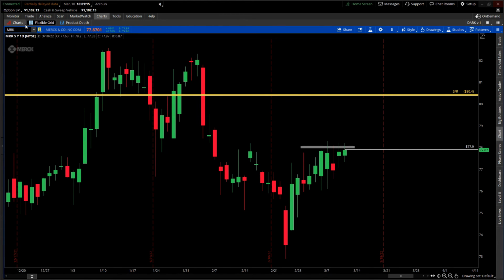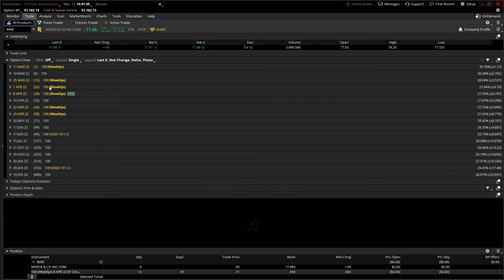Just to go over the specifics, what I did was I picked up option contracts expiring 30 days out. So right here on the option chain, I picked up option contracts expiring April 8th. And right down here, the details involve the $81 strike price.